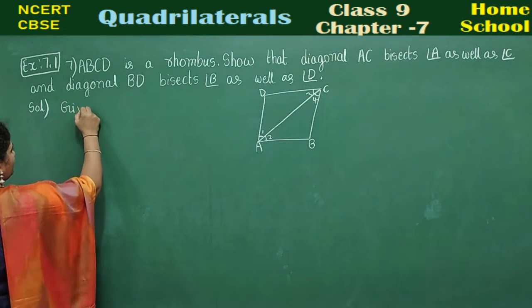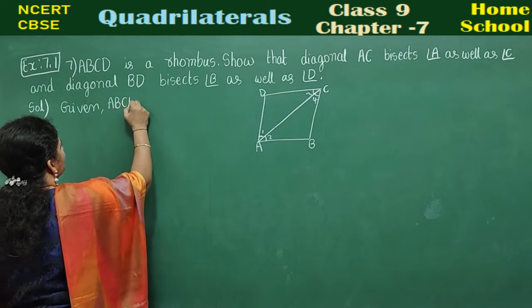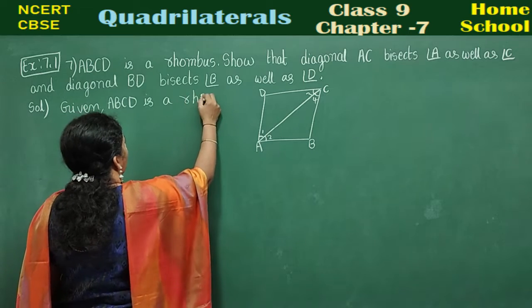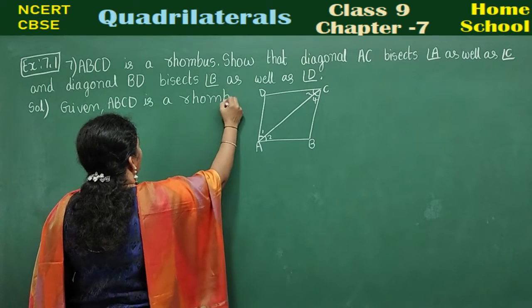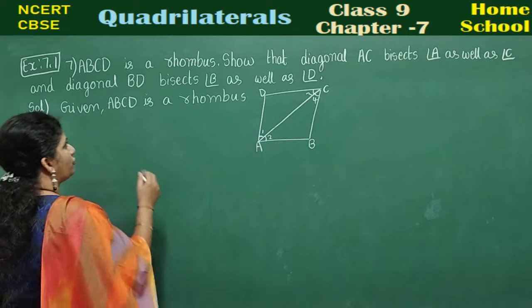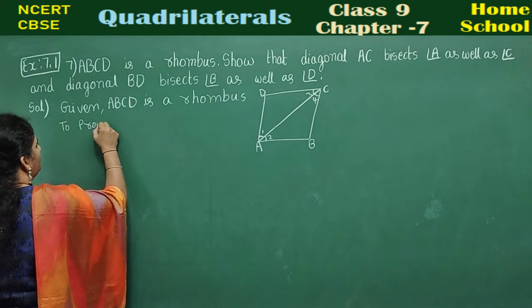Given: ABCD is a rhombus. We need to prove that. To prove, if you want you can write "to prove" also.